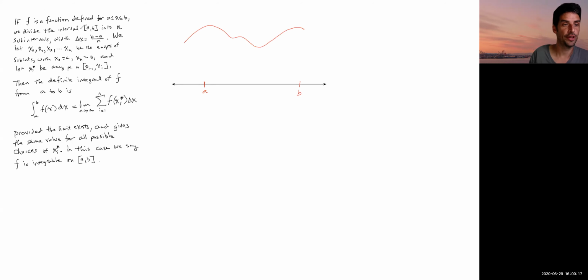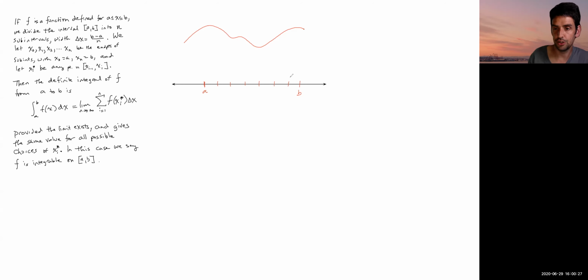So it's just what we've been doing. I have a function, let's call it f. So here's a function f. It's defined between a and b, right? So that's the beginning. We split up this interval a to b into subintervals.